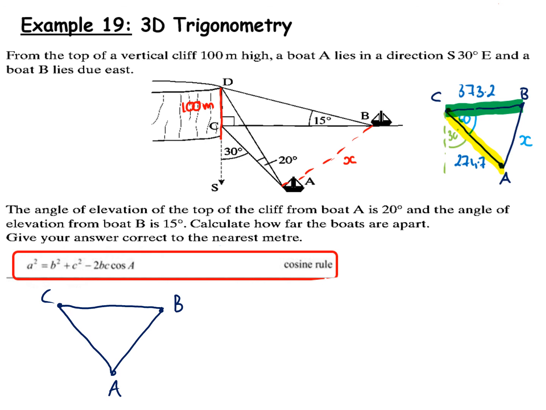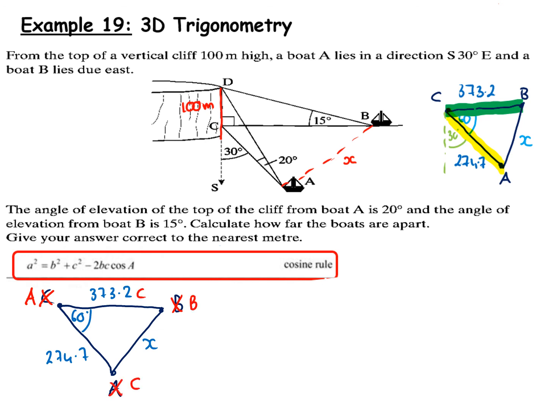But actually for our formula, we probably want to relabel that. So this is 373.2 and 274.7. Remember, our angle should always be angle A. So I'm forgetting about this letter and I'll leave that one as B, specifically for the formula.